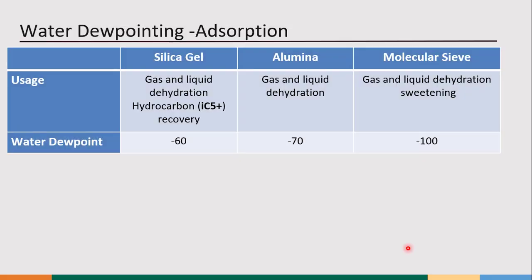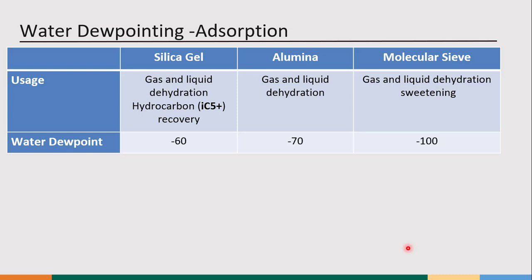So these are the different kinds of solid adsorbents: silica gel, alumina, and molecular sieve. The best part is that this kind of solid bed does not only remove the water, it can also remove the sulfur. So if you have both applications, you can go to another licensor and they can give you a cheaper solution, because in one unit you will have your sweetening, meaning removal of H2S, as well as dehydration, meaning removal of water content.